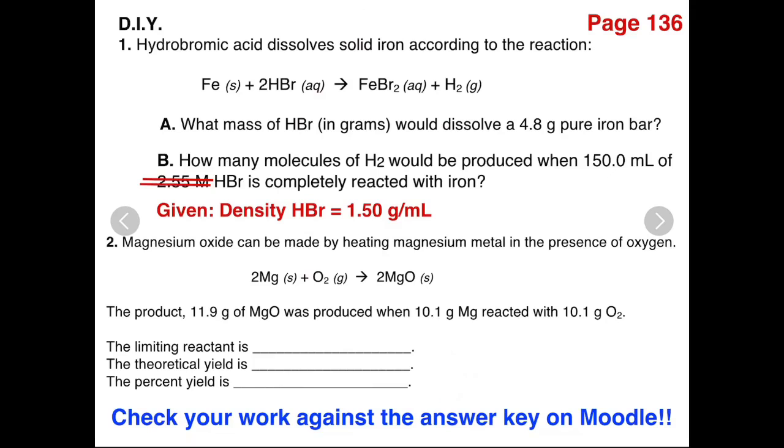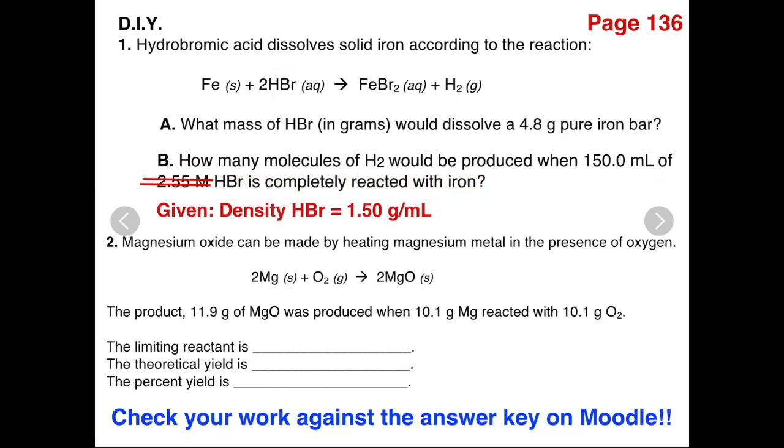Things that I would like you to correct would be this 2.55 m. Cross that out. The question is asking you to find the molecules of H2 that would be produced when 150 milliliters of HBr completely reacts with the iron.